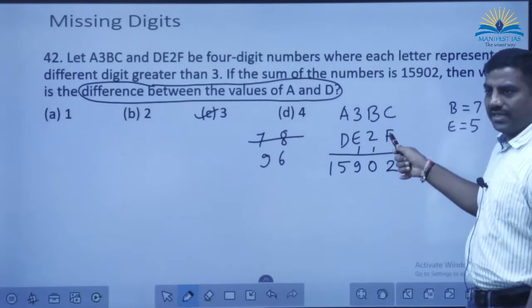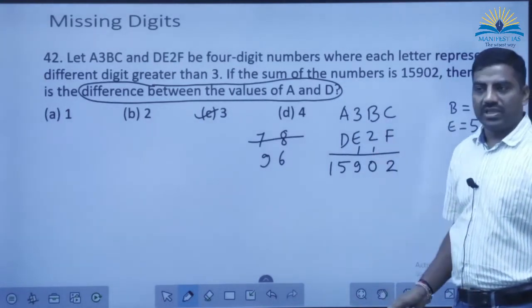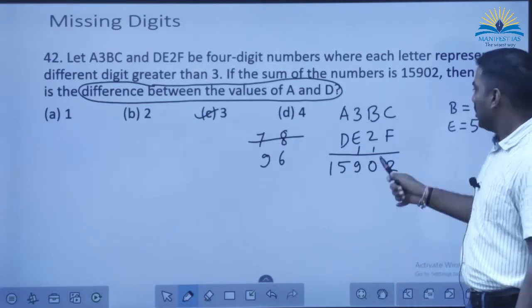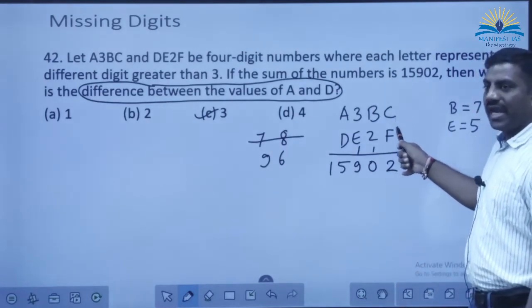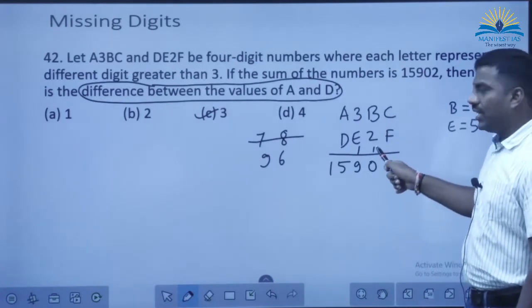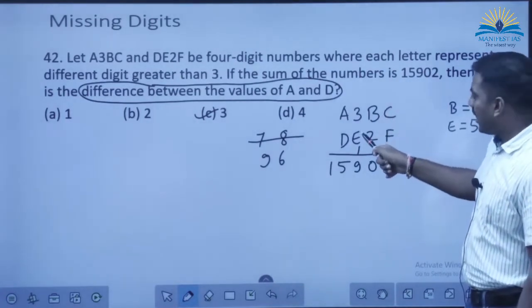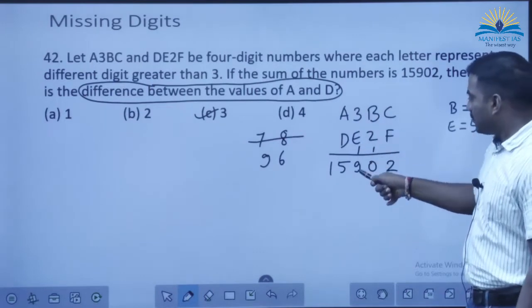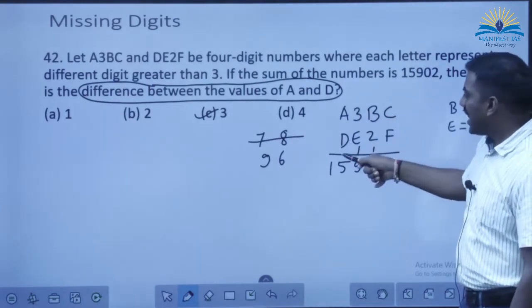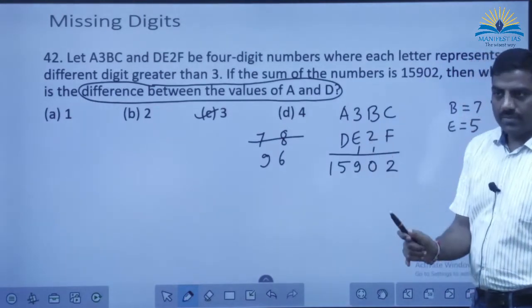First of all, you have to decide here. Since all the numbers are more than 3, C and F will add to 12. That we have to ascertain. So one carry is going, we can get the value of B, we can get the value of E. From this place, we'll get to know that there is no carry. When there is no carry, A plus D is equal to 15.